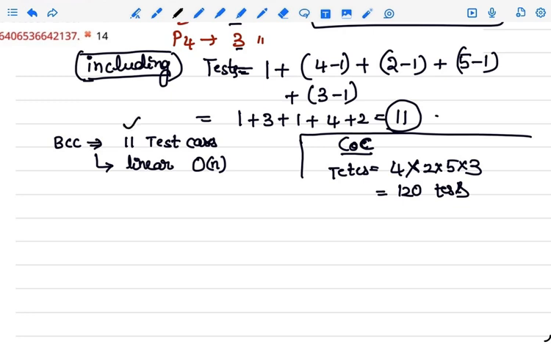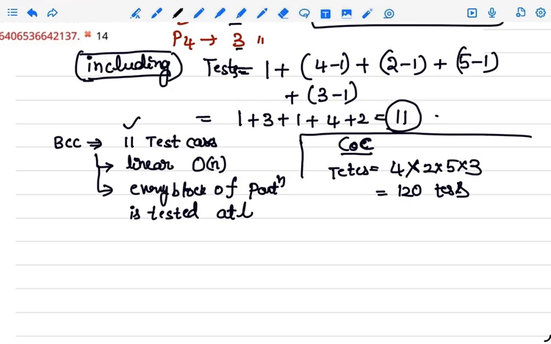BCC, base choice coverage criteria: for every block we consider at least one test case of the partition. Every block of a partition is tested at least once.